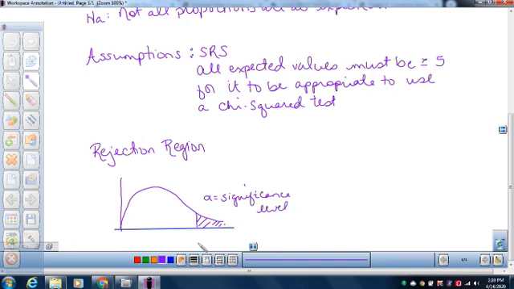And for this test, to get the chi-squared critical value, you're going to use degrees of freedom equal to k minus 1, where k is the number of different categories.